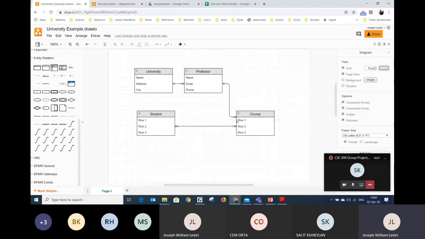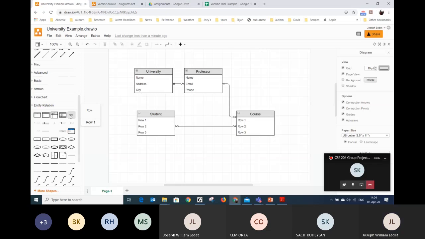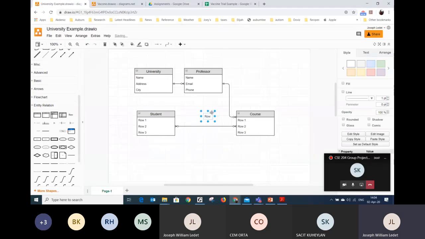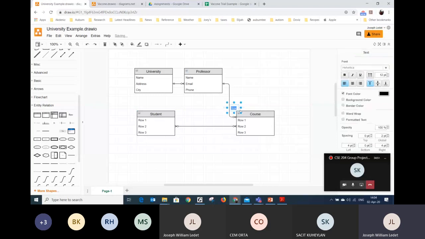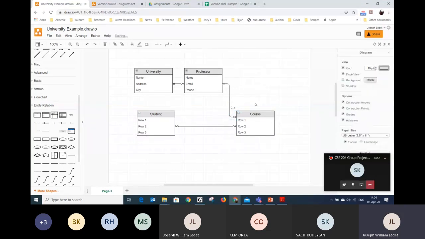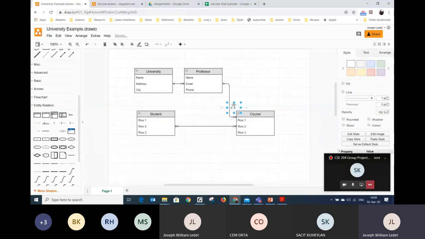What we might do is say there's a limit on here. Let me use this to make a text box. We might say they can teach 0 to 4 courses.